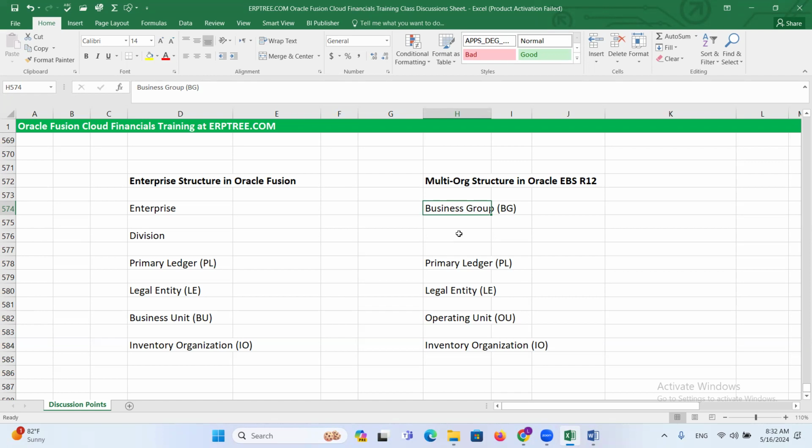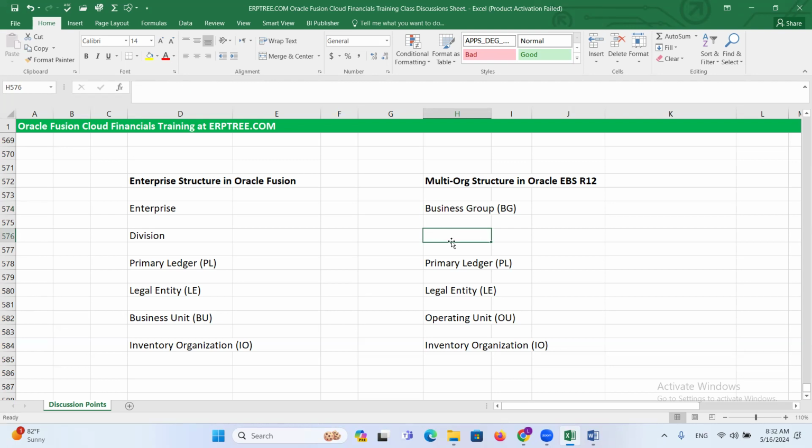In Fusion we have the LDG, already discussed, the legislative data group. In EBS you can create multiple business groups, but in Fusion you cannot create multiple enterprises, only one. But to maintain country-specific employee information, we can use the concept called legislative data group.